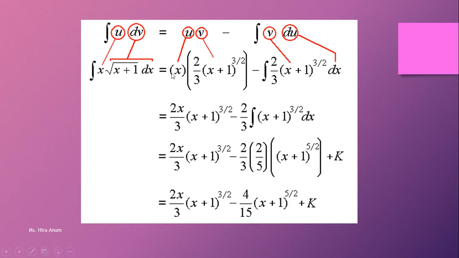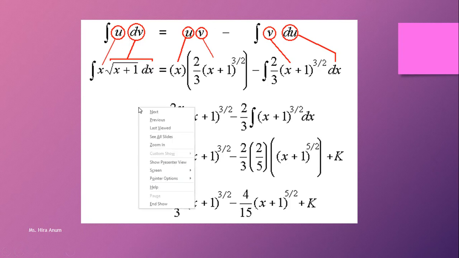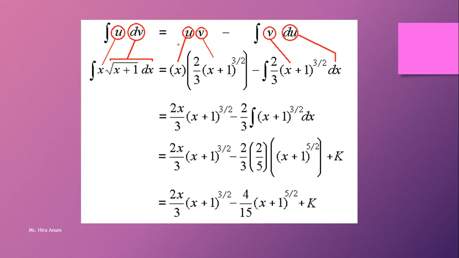You have another example, integral u dv equals uv minus integral v du. x equals u, radical x plus 1 is dv. x as it is, taking integration of this part, which becomes 2 over 3 (x plus 1) power 3 by 2, minus integration of du, so it becomes 2 over 3 (x plus 1) whole power 3 by 2, and taking the derivative of x, which is equal to dx.